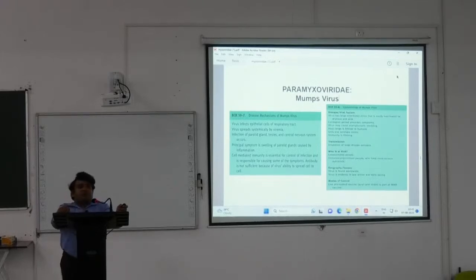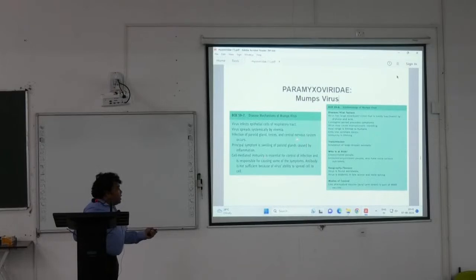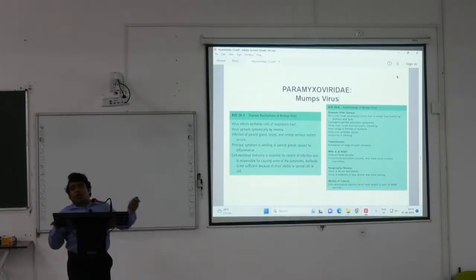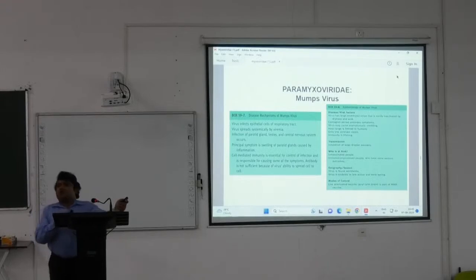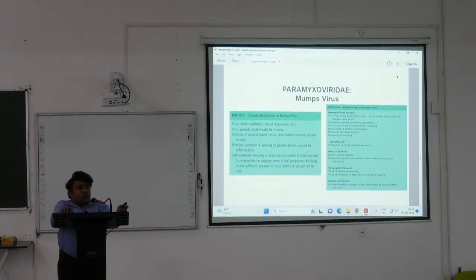And sometimes it may result in male infertility. Finally, because it can infect CNS, it can cause encephalitis. But in children, especially when the infection occurs below 5 years, most of the time mumps infection resolves without any kind of sequelae.